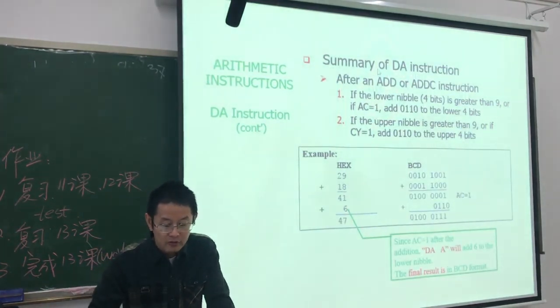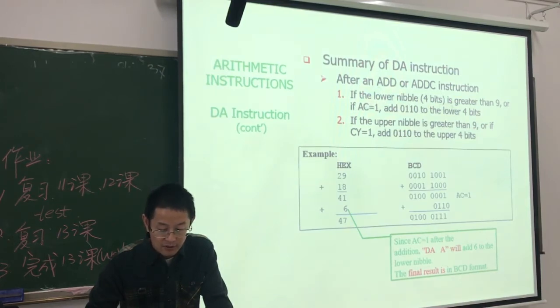This is a summary for the DA instruction. After an ADD or ADDC instruction, if the lower 4 bits are greater than 9, or if AC is equal to 1, add 0110 to the lower 4 bits. If the upper 4 bits are greater than 9, or if CY is equal to 1, add 0110 to the upper 4 bits.